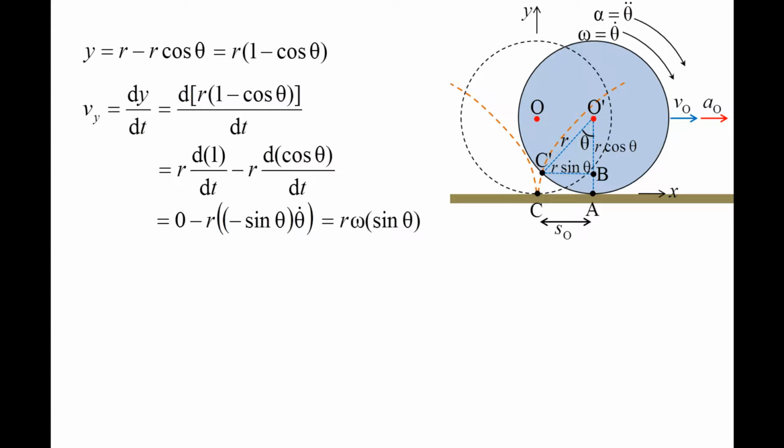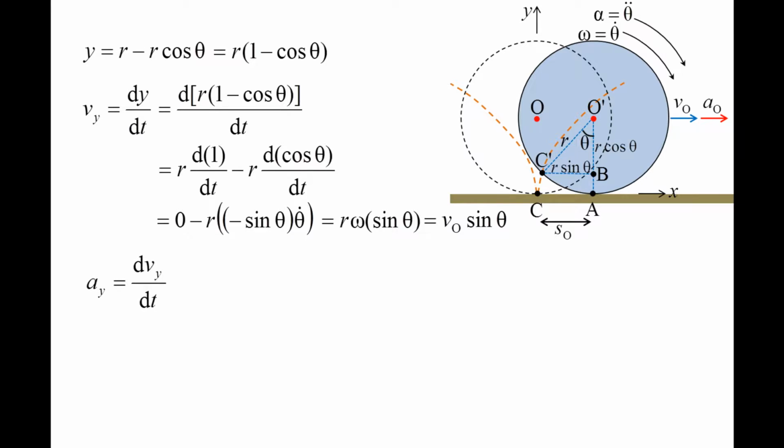Substituting omega for theta dot, we now have r times omega times sine theta. R times omega is VO. So the y-component of the velocity of point C' is the speed of the center of the disk VO times sine theta.